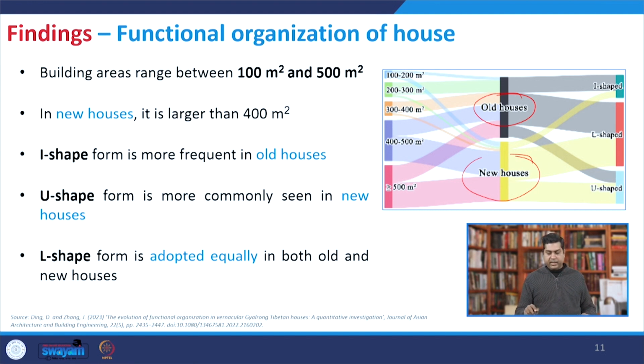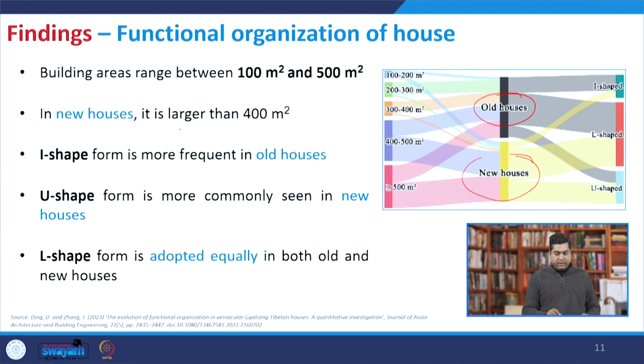In this case it varies from 100 square meter to 500 square meter or so, and mostly old houses have lesser dimension. Obviously, at that time maybe the need, the number of people living in a family were less, or the functions and requirements could also be sufficed with this.